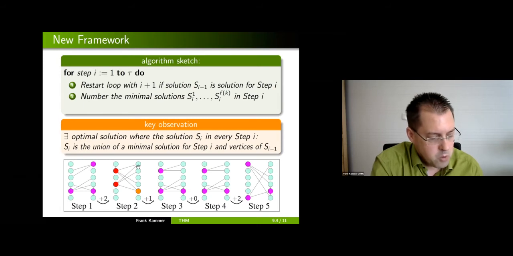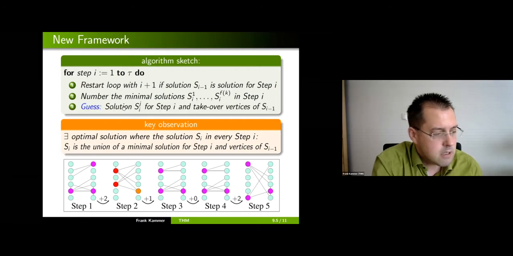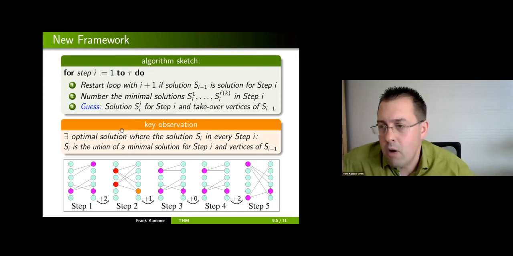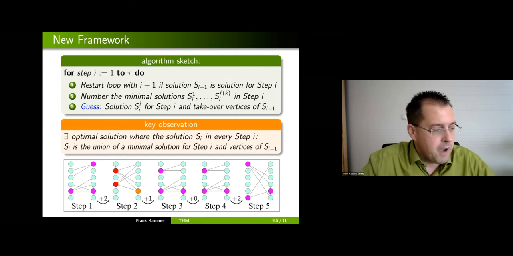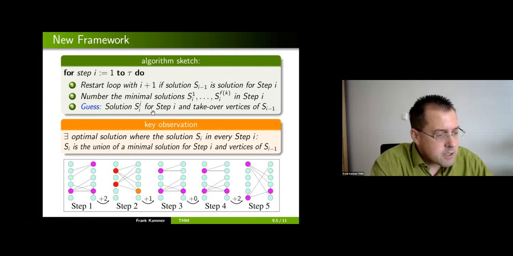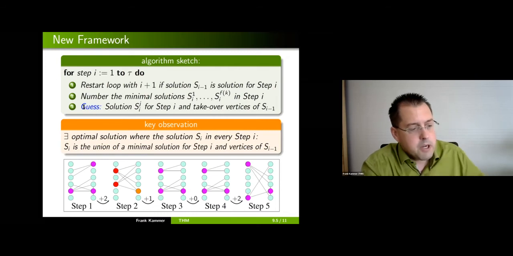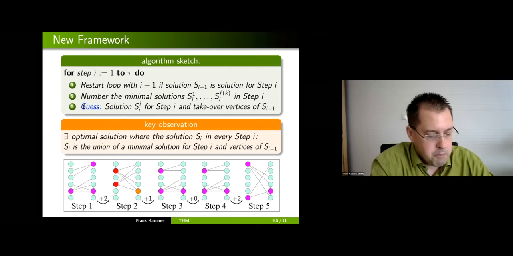For example, here in step 2, we find this minimal solution consisting of the two red vertices, and we guess which vertices we take over from the previous step. This number of vertices is also bounded by a function in k. So these guesses mean we iterate over some f of k possibilities.